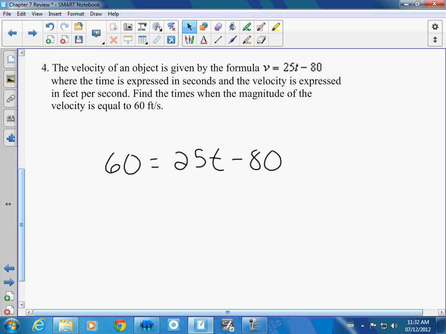There are times, when you think about quadratics, a quadratic is a nice little parabola. Think about rockets. A rocket's going up in the air, and then it comes down. Is there a time when it reaches 100 feet going up? Is there a time when it reaches 100 feet coming down?